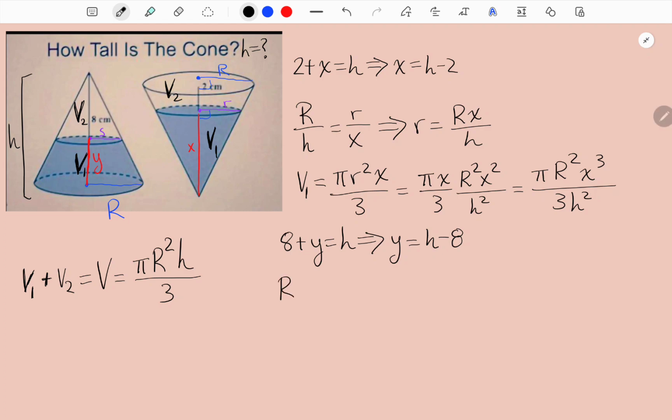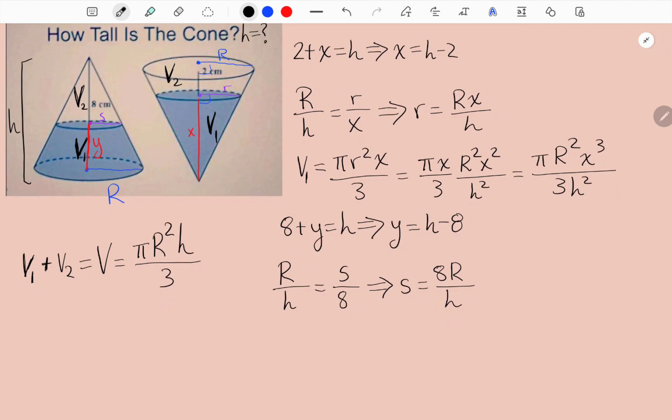So again, r divided by h, the radius of the big cone to its height, is going to be, looking at this cone now, s divided by the height of the cone, which is 8. Which implies that s, the radius for this cone, is going to equal 8r over h.